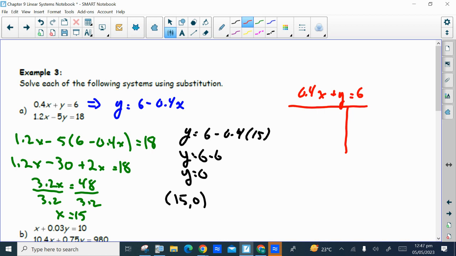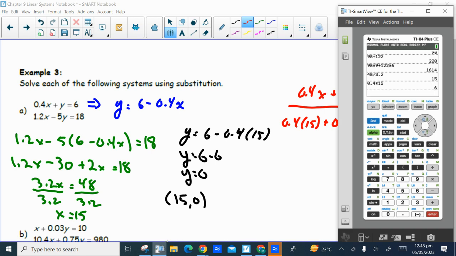Each equation has the equal sign that divides it into two sides, the left and right. When you plug your solution in, you should get the same number on both sides. For the first equation, the left side is 0.4x plus y. The right side is just 6. So the left side must equal 6 when you let x equal 15 and y equals 0.